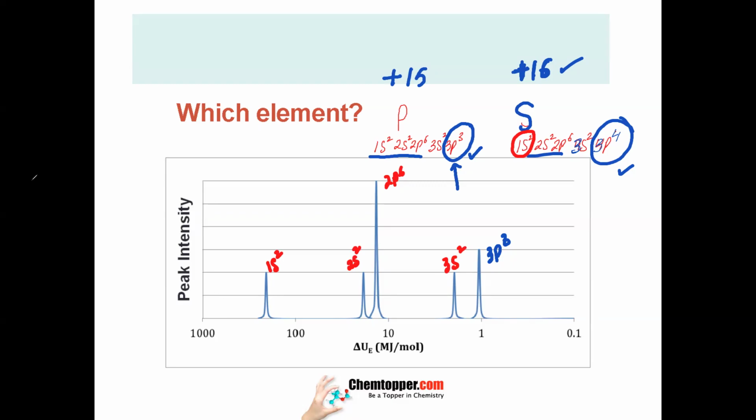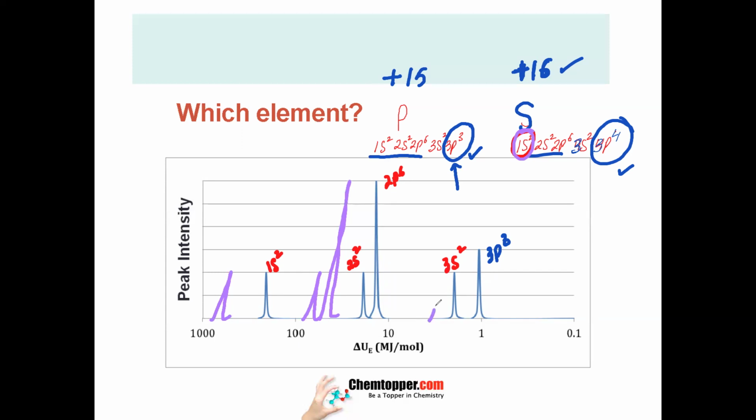I'm making it with the other color, this color for the sulfur. This is 1s2 of the sulfur. This is 2s2 of the sulfur. This is 2p6 of the sulfur. Can you see on the right side?